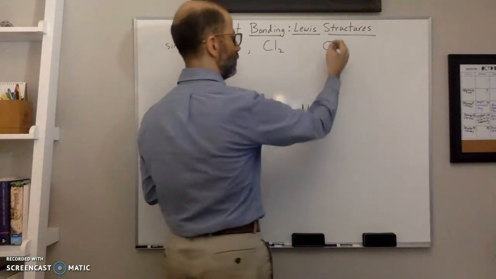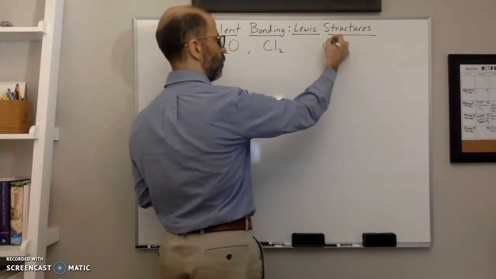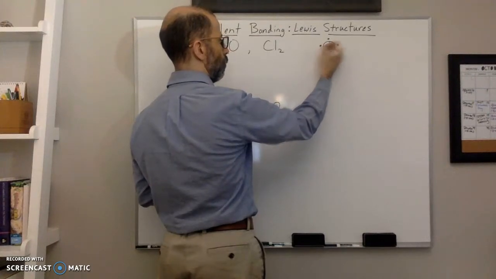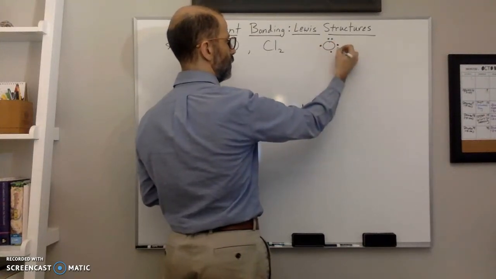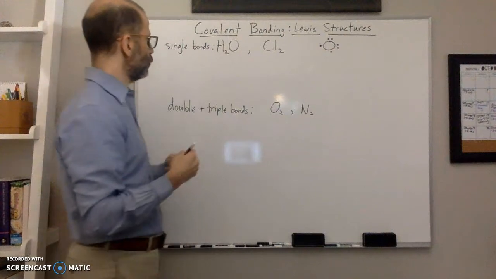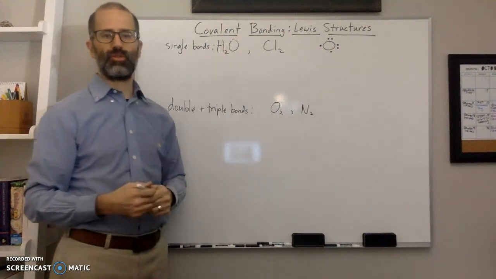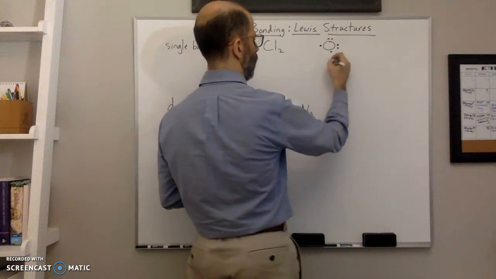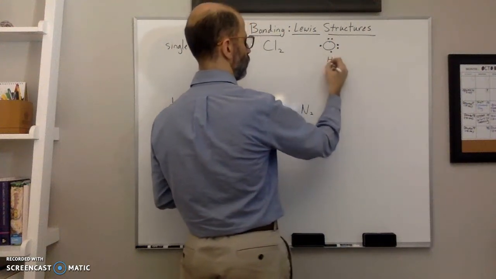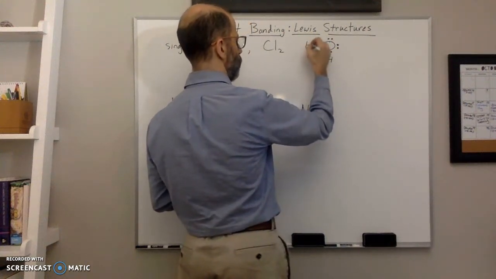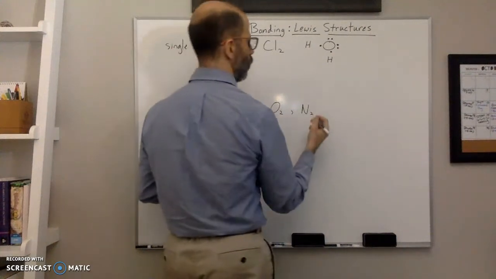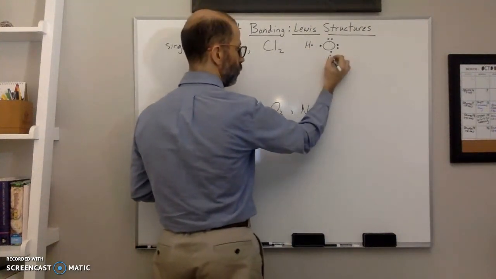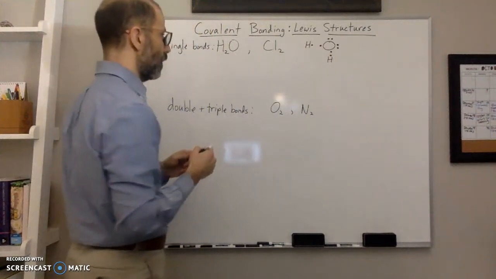So we have 1, 2, 3, 4, 5, 6. And we have 2 hydrogens. Each hydrogen is in group 1, so it has 1 valence electron. We'll draw 1 here and 1 here. You'll see why in a moment. Each of them has a valence electron.